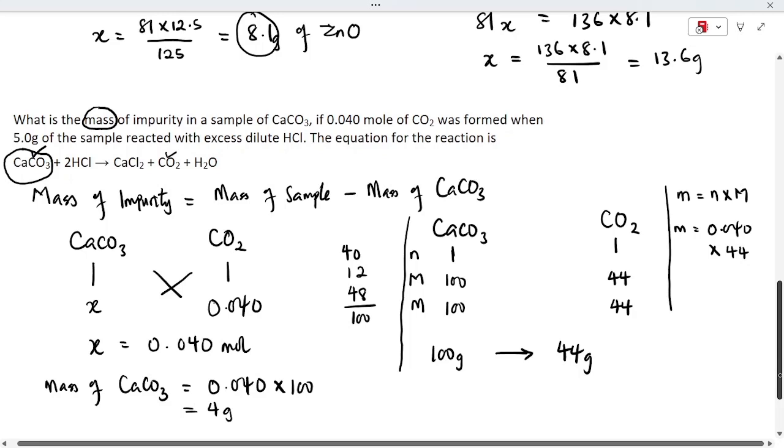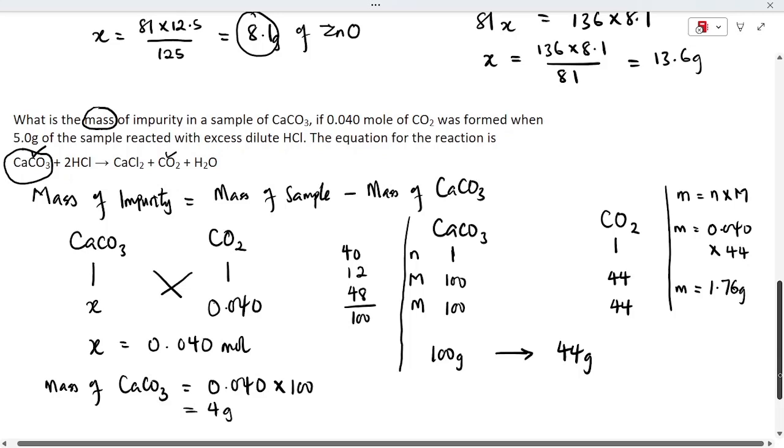You compare mass to mass, you compare number of moles to number of moles. So you convert either way you want. So therefore, M, that's the mass of carbon dioxide in this case, is going to be 0.040 times 44, which gives us 1.76 grams.